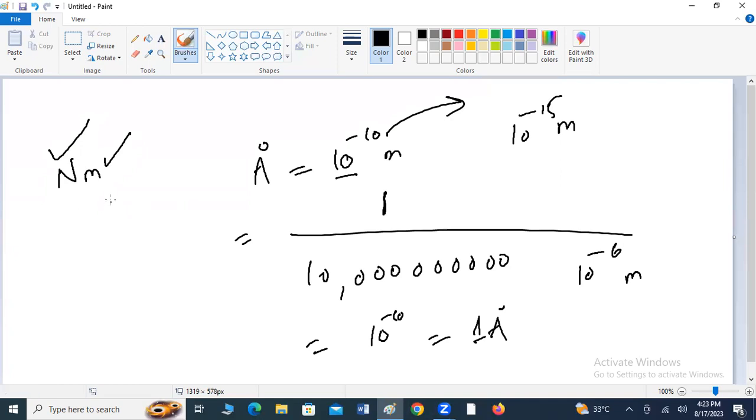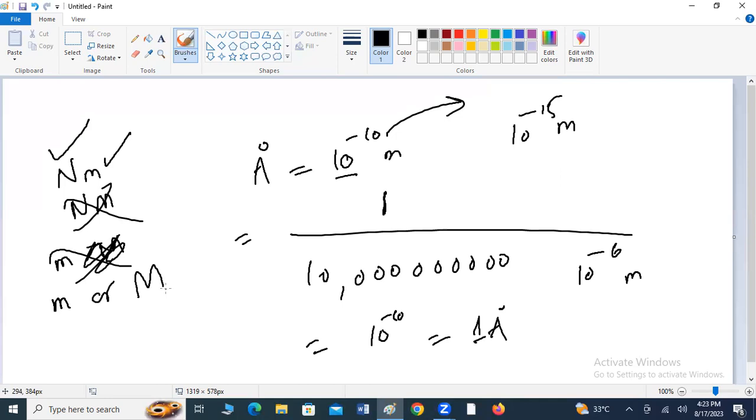You cannot write both of them as capital. This would become wrong. This is the rule. Similarly, if there is a single unit, it can be either small or capital depending upon the scientist who has defined the unit. So whatever you see, whatever you write, either it's small or capital depending upon the quantity.